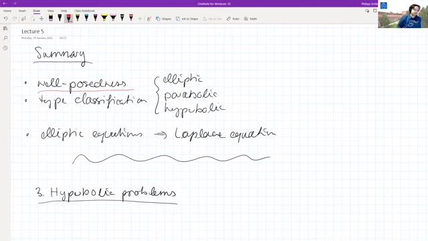As soon as you have a well-posed problem, then you can come with numerical methods and solve for that solution. If it's ill-posed, then typically you would need additional stabilization or regularization methods for the solution to work.